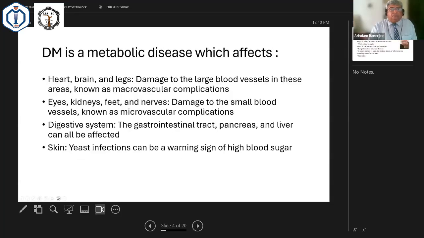So this metabolic disease affects all systems of the body, the heart, the brain, the legs, because it causes changes in the blood vessels, and it leads to macrovascular conditions.